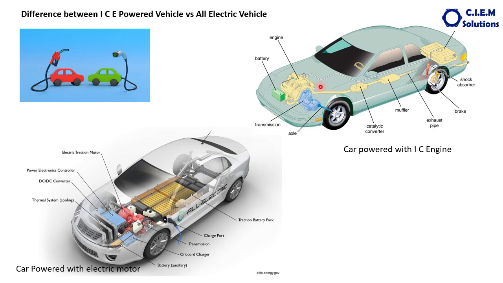In the case of this vehicle running with the IC engine, the fuel cost will be very high compared to the electricity cost, because electricity is cheaper than fuel. So the operating cost, the running cost, is less in the case of the electric vehicle. Here the transmission is very small, with fewer components and less maintenance charges. Here the transmission is very large, with many complicated parts, and the cost will be more.